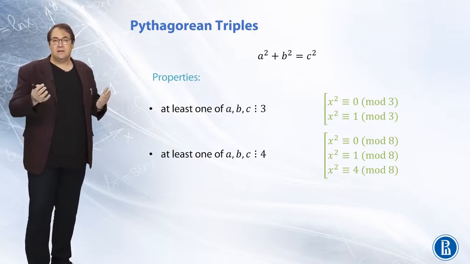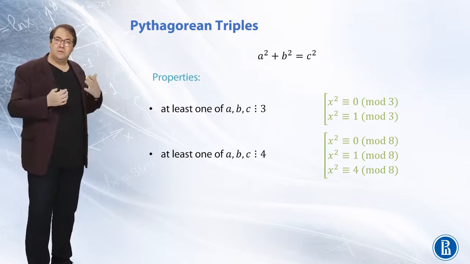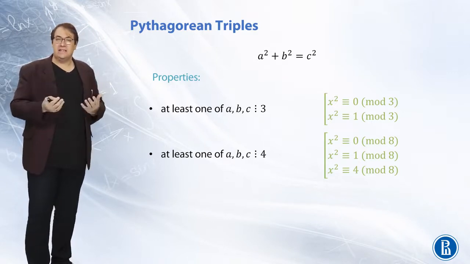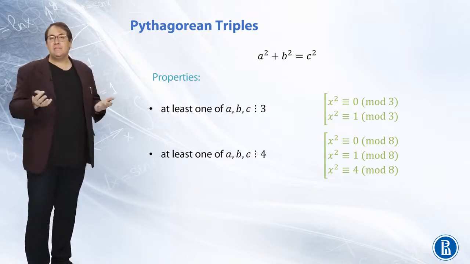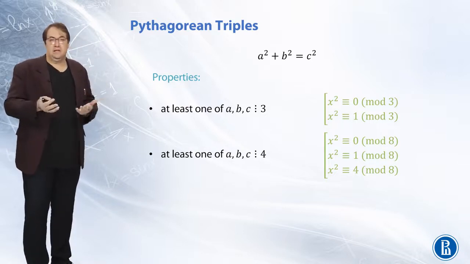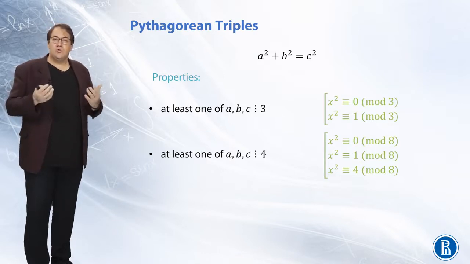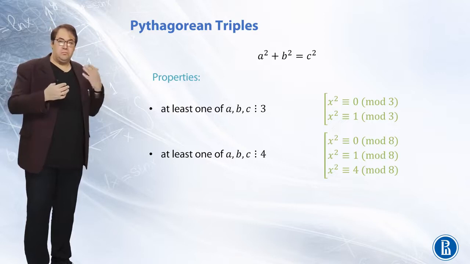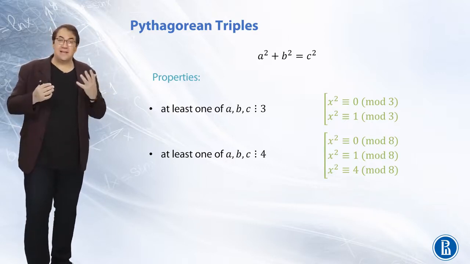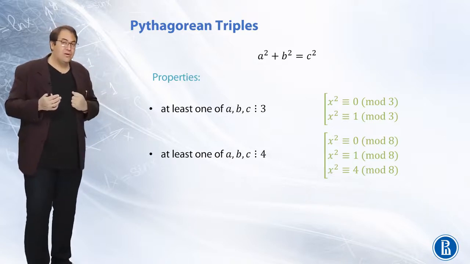If we find an element of a Pythagorean triple whose square is divisible by 4, then this would only mean that this element is even, but not necessarily divisible by 4. However, if we prove that, for instance, a squared is divisible by 8, then a must be divisible by 4.